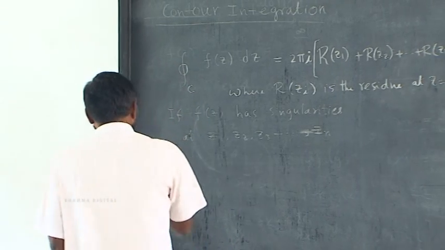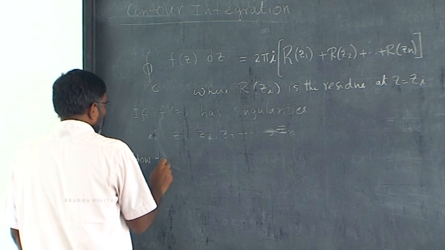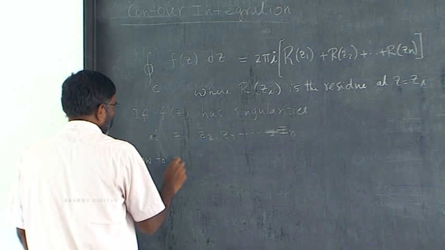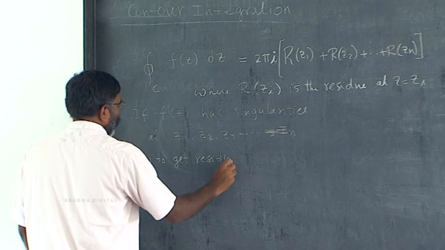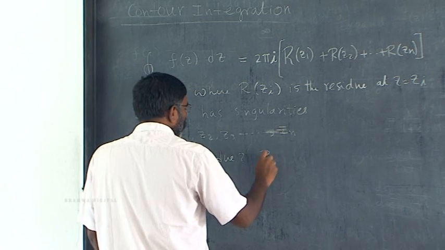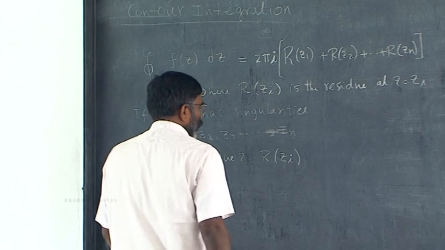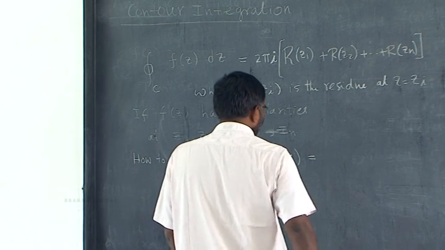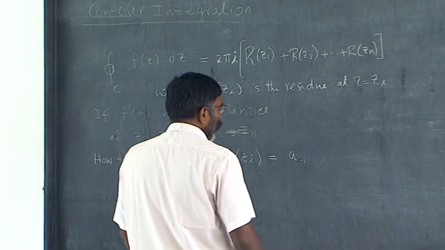Now, how to find residues? Residue at zi is a minus 1. What is a minus 1?